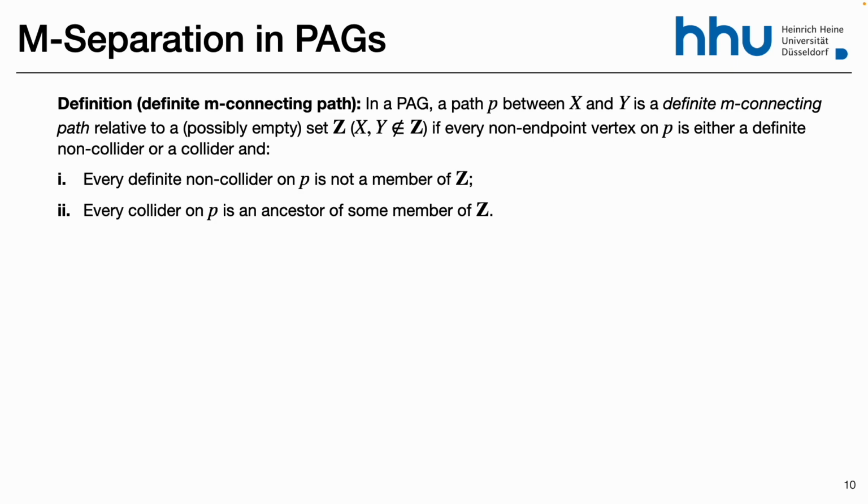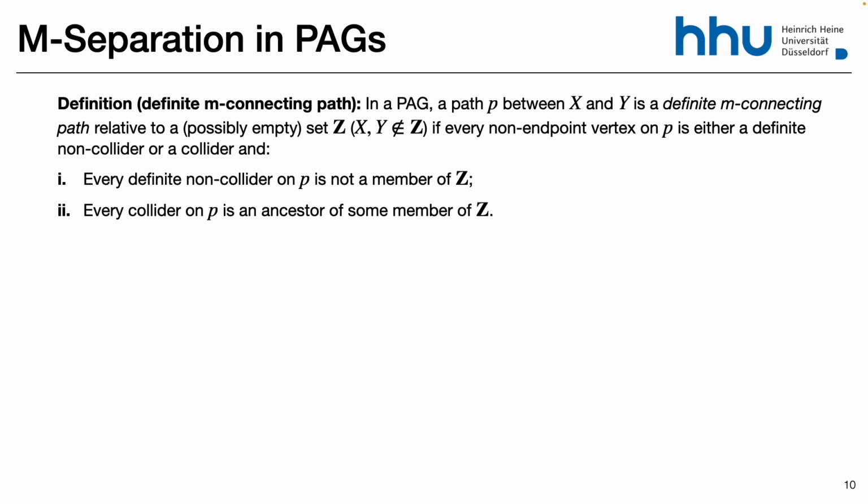To do this, we need to consider only paths that are called definite M-connecting paths. So this is a path where every non-endpoint vertex on it is of a definite status. So all the triplets in this path are either a definite non-collider or a collider, right?